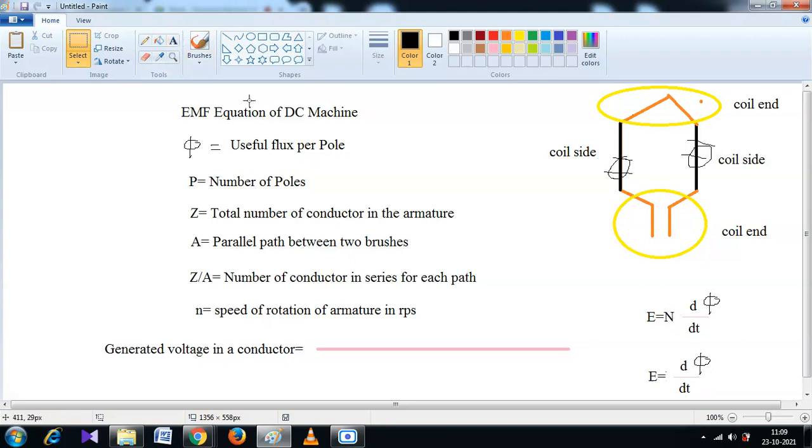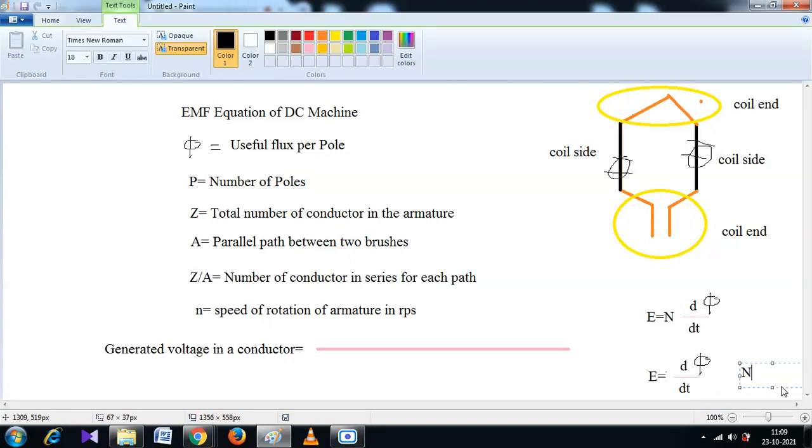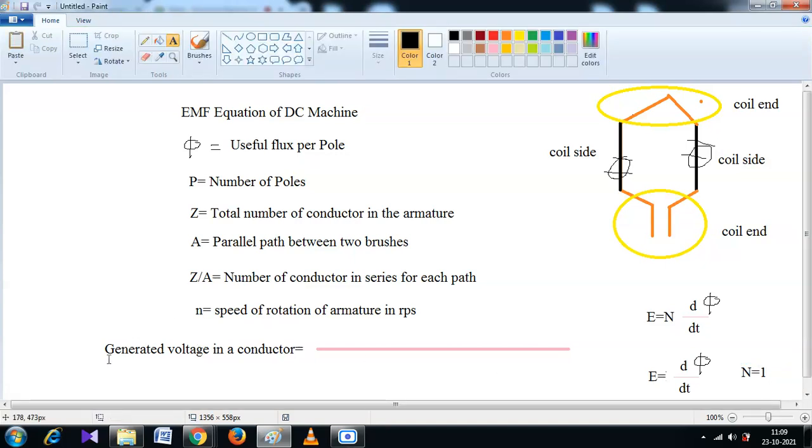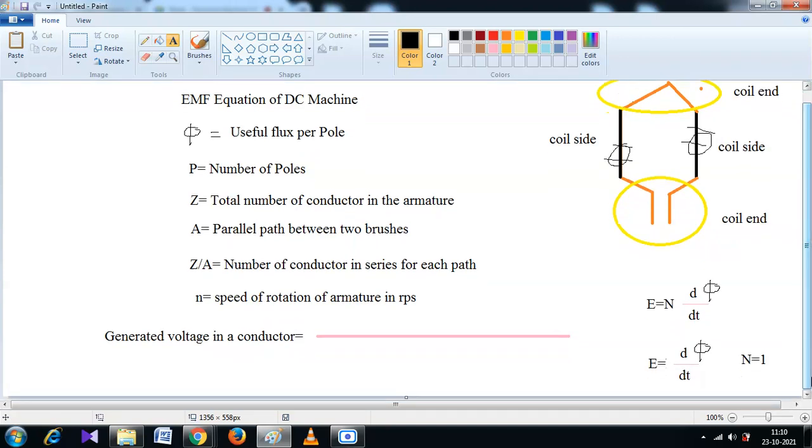Here we consider n equal to 1 because we write the generated voltage in a conductor. So the expression of that voltage is d phi dt. Have you written all the things on the screen in your exercise book? Yes, sir. I have to erase something.